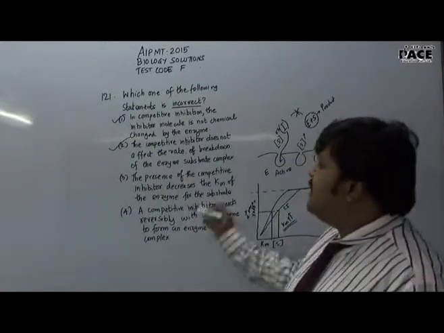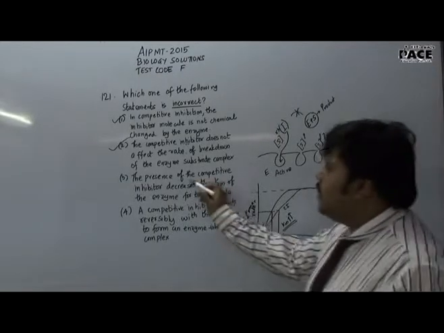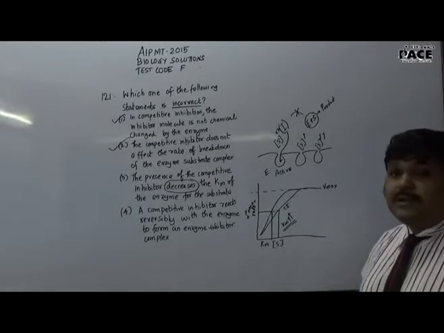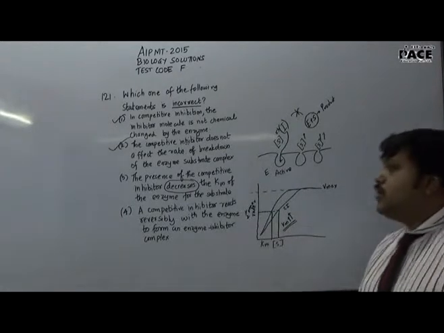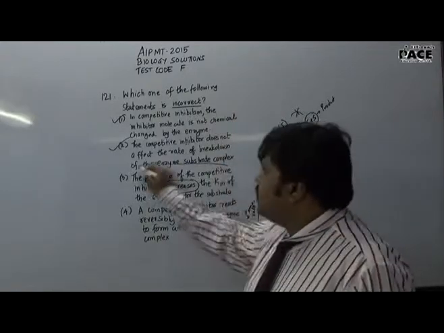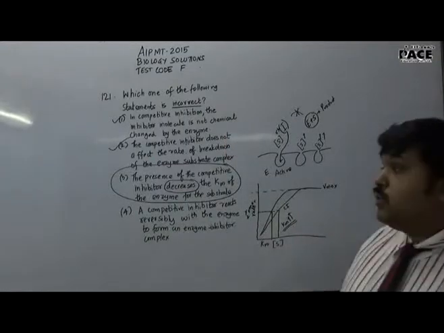The third one is: presence of competitive inhibitor decreases the Km value. In fact, this is absolutely wrong because competitive inhibitor increases the Km value of the enzyme for substrate. So the incorrect answer is this. But let's still see if the fourth one could also be incorrect.